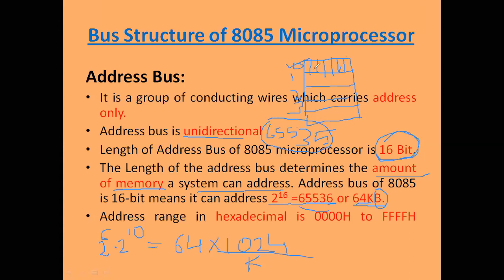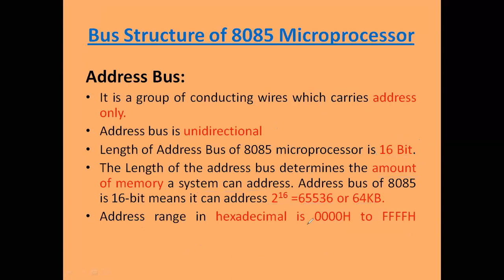Understood? Now this range which I have written is in decimal, but our kit doesn't understand decimal numbers or binary numbers. 16 bit stands for 16 binary digits. बट अवर किट जिस पे आप प्रोग्रामिंग करोगे, वो किट को सिर्फ समझ आते हैं hexadecimal numbers, because the keypad is of hexadecimal numbers. तो we need to convert this into hexadecimal. तो उसके लिए हमें क्या करना पड़ेगा?